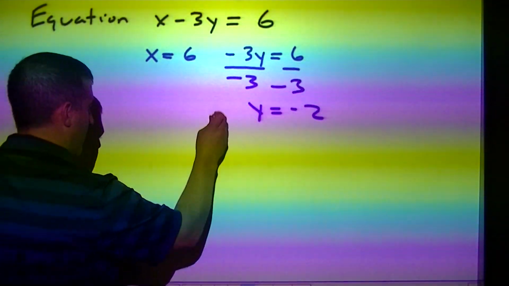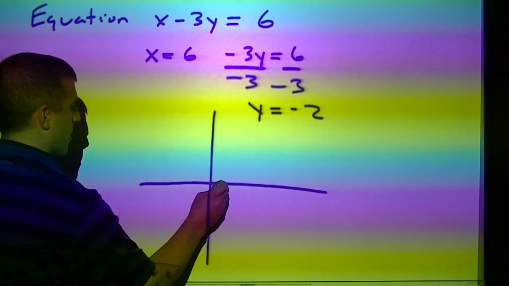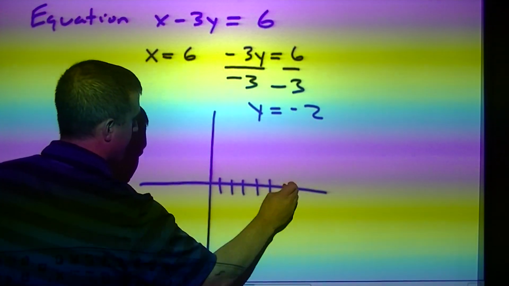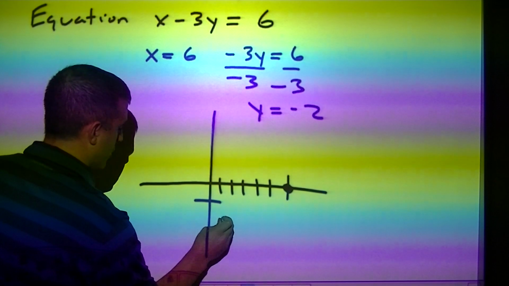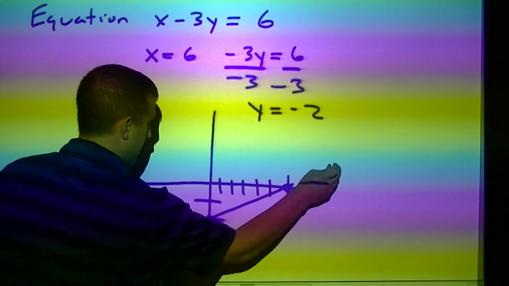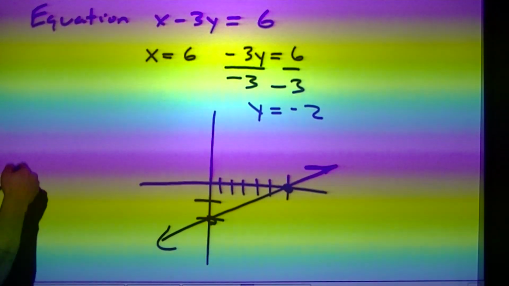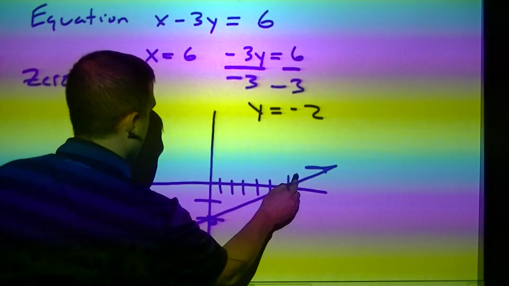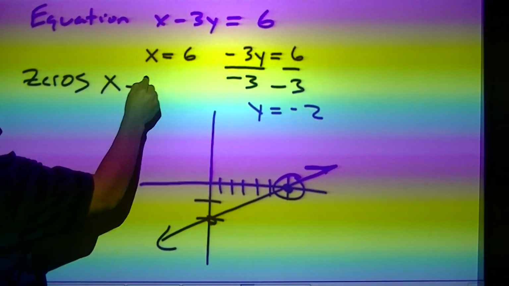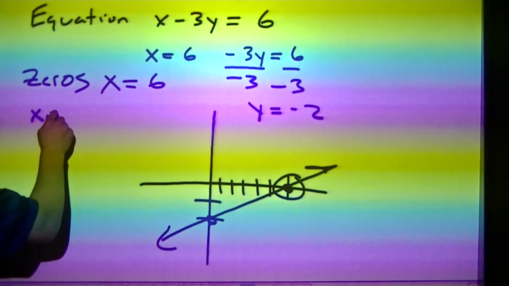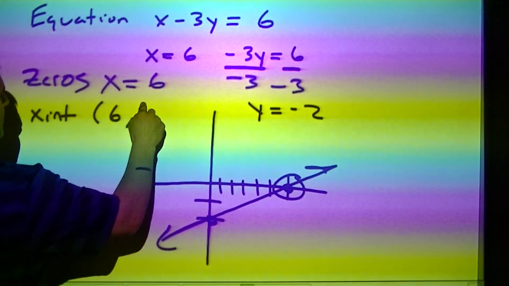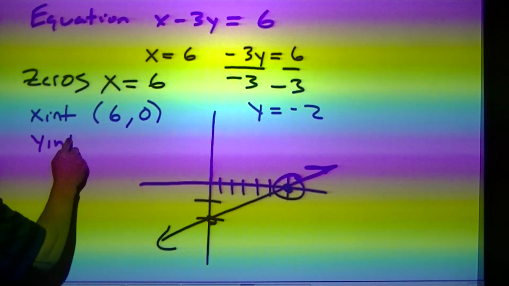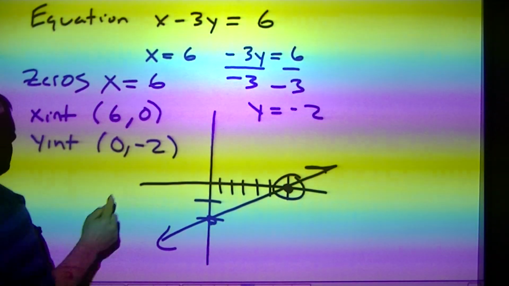When I make my graph, 1, 2, 3, 4, 5, and 6, 1 and 2. Connect the dots. So my zeros, that's this one right here, which was at 6. My x-intercept was (6, 0). My y-intercept, (0, negative 2).